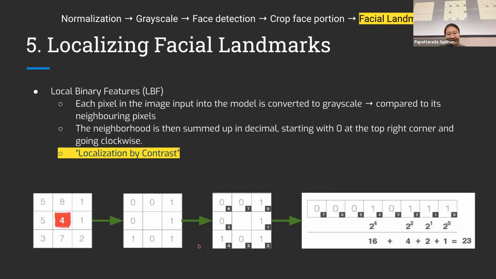After that, I will map each neighboring pixel, starting from the top right-hand corner, with an exponent. The top right-hand corner pixel is going to be mapped as 1 times 2 to the power of 0. This happens in a clockwise fashion, so 0, 1, 2, 3, 4, and so on until we loop back.